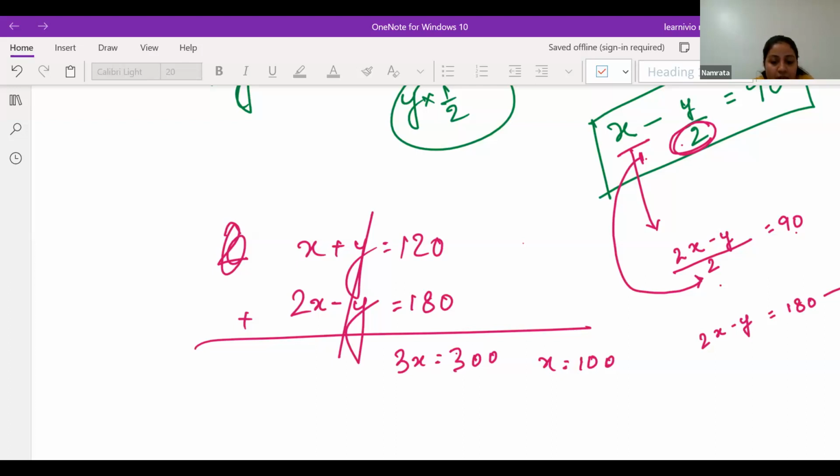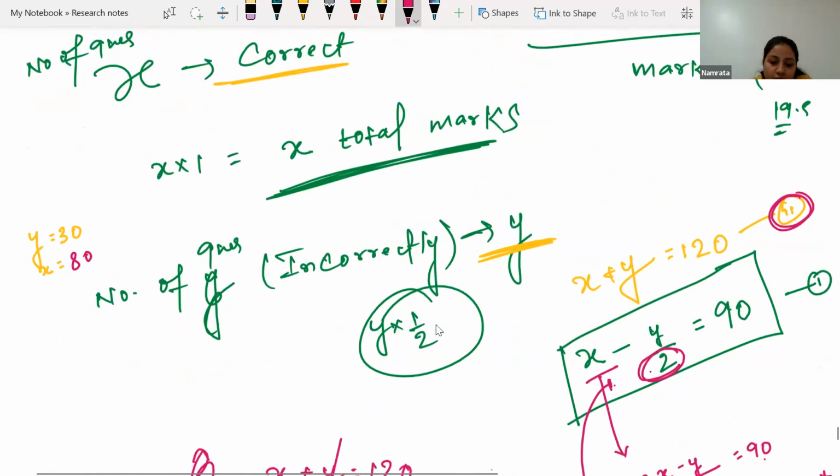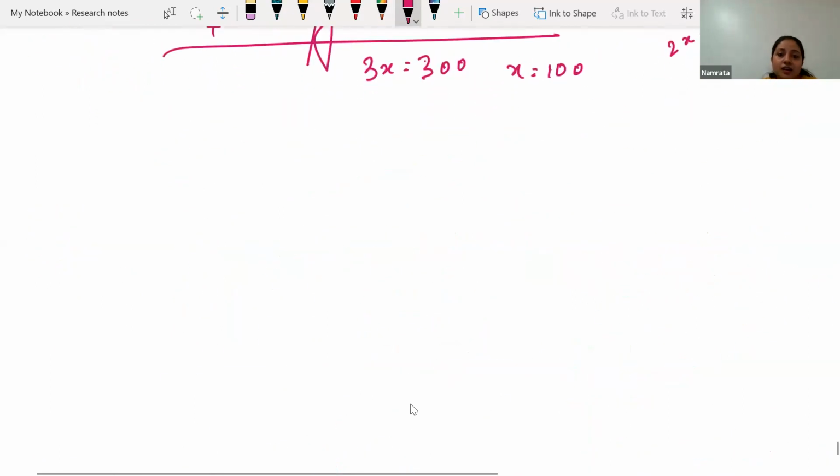120 minus y. Yeah, I can see you have followed the method of substitution in our equation. 120 minus y by 2 is equals to 90. 120 minus y minus 2y. Okay, here you have missed one thing, a minor mistake, and due to that your calculation went wrong.